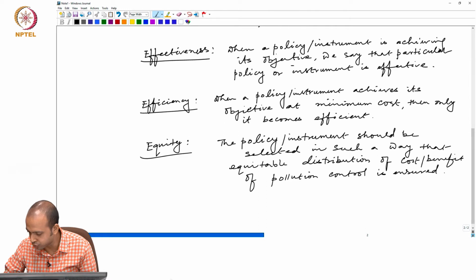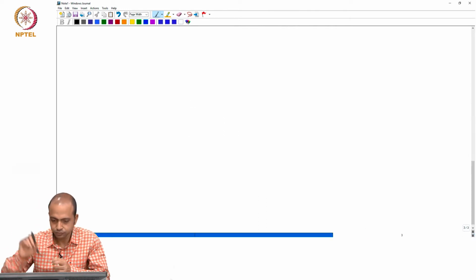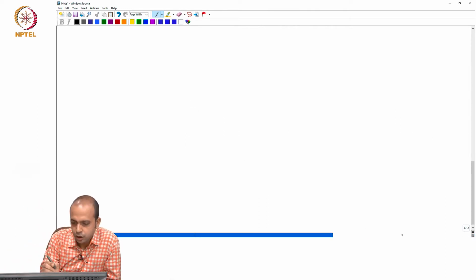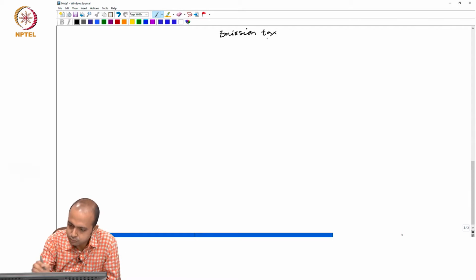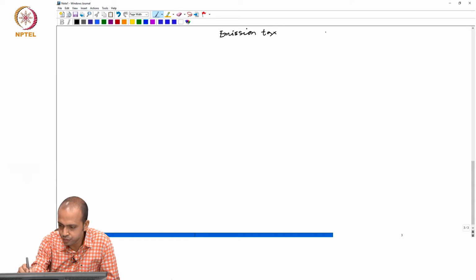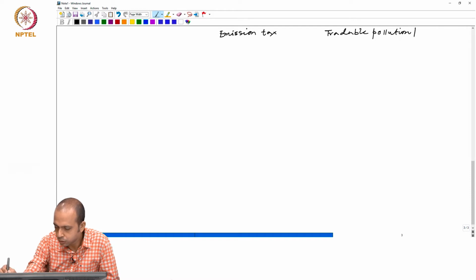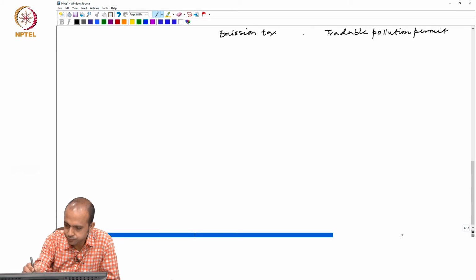So, let us first talk about effectiveness. This is emission tax, and this is tradable pollution permit.